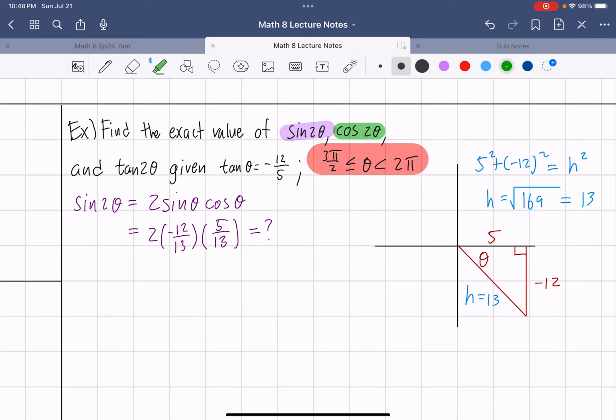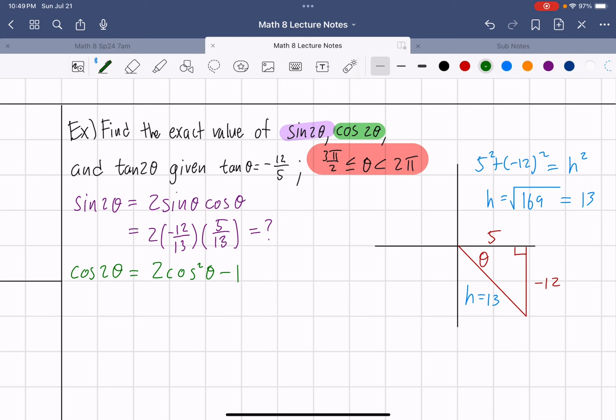Then we have cosine. So cosine 2 theta is equal to, and once again, you can choose any version of the double angle. Here, there's no version that involves tangent, so either one is perfectly fine. I'd probably stick to a version that just has one trig function in it.